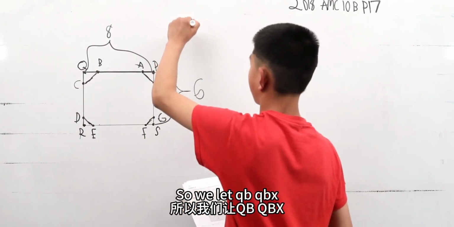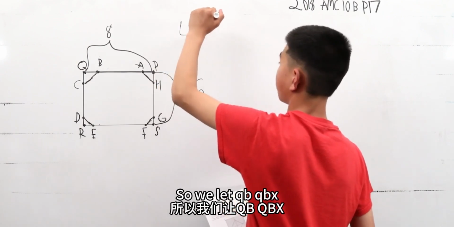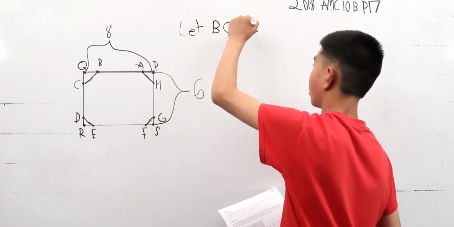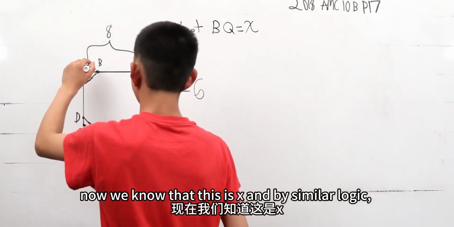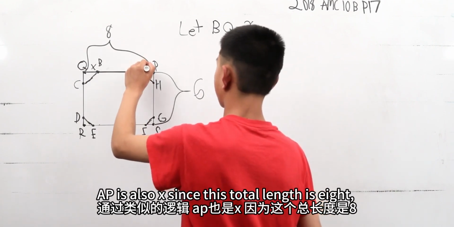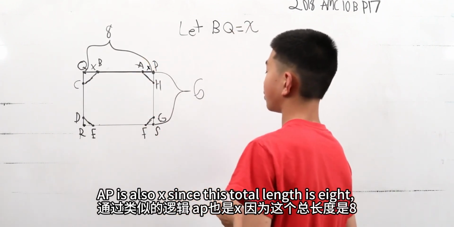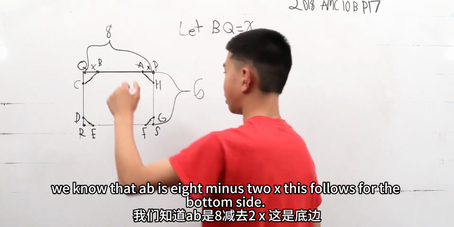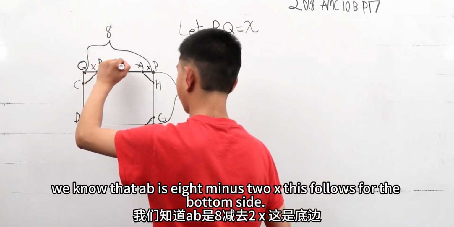So we let BQ be x. Now we know that this is x, and by similar logic, AP is also x. So since this total length is 8, we know that AB is 8 minus 2x.